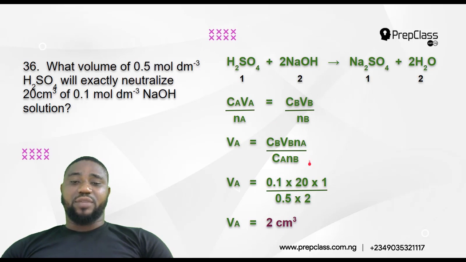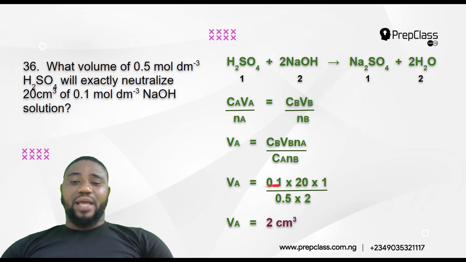So your volume of acid becomes concentration of the base, 0.1, is in the question, 0.1 times VB, volume of base, 20, times NA, mole ratio of the acid, is 1, divided by CA, concentration of the acid, 0.5, times NB, mole ratio of the base, 2.